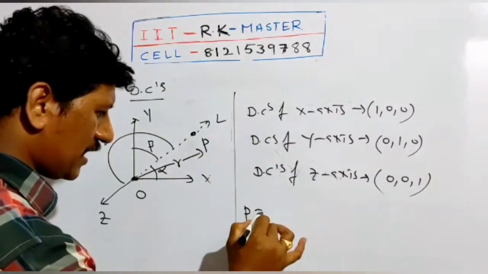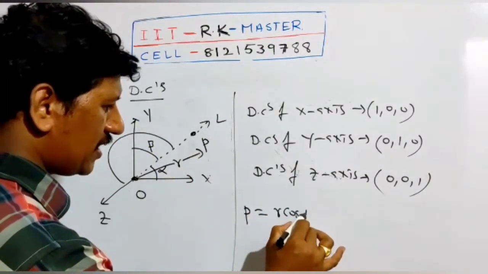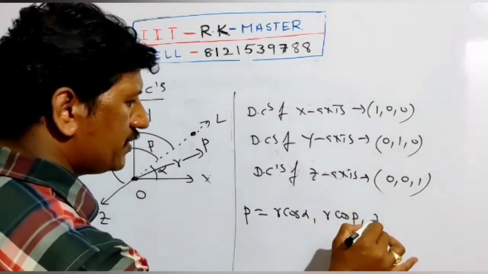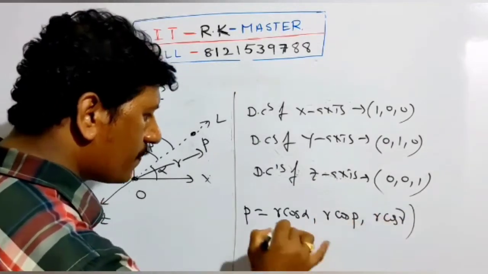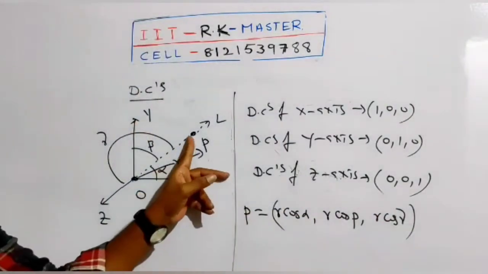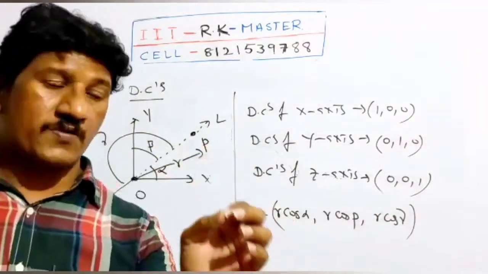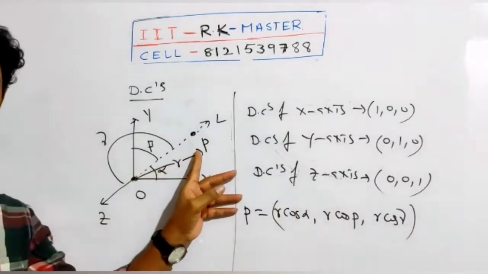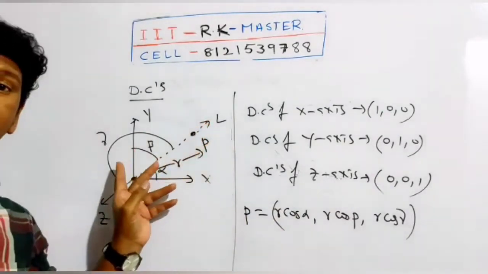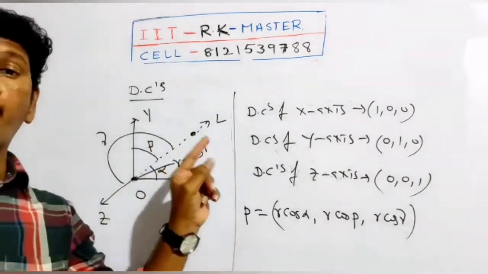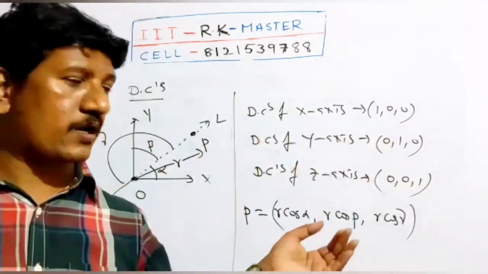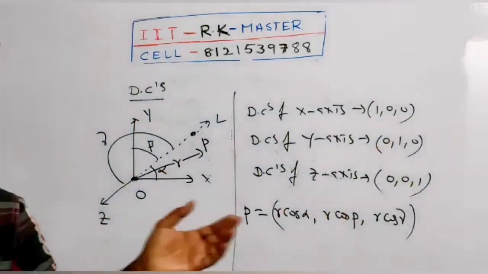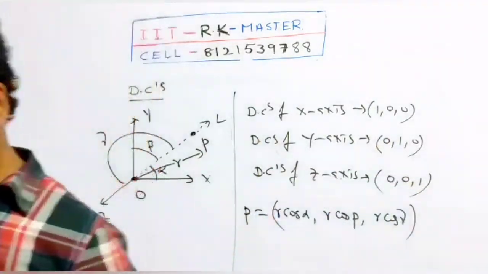If any point P is at a distance of small r from the origin, according to this distance and the DCs of this line, then the P coordinates are r cos alpha, r cos beta, r cos gamma.